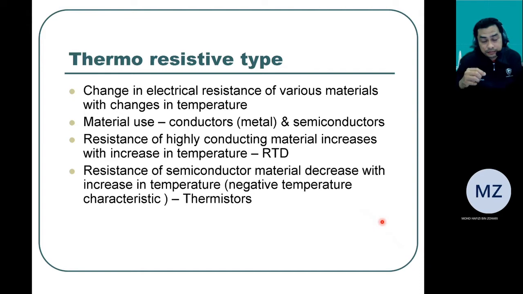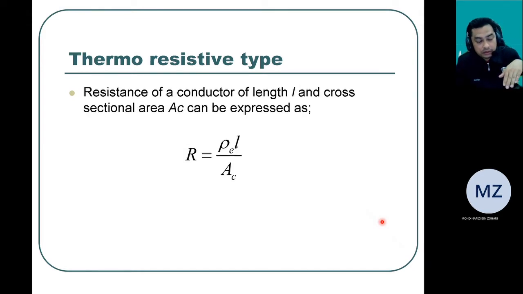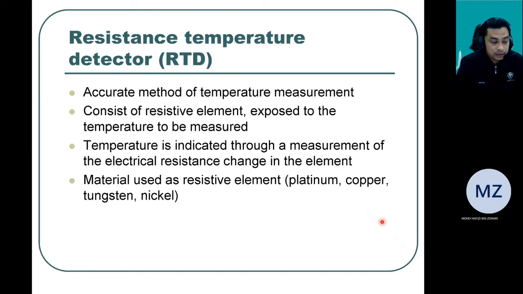For the RTD, it's going to use this equation, which we looked into in the previous topic on sensors. R, the resistance, is equal to the resistive constant times the length, divided by the area of the conductor itself. The RTD has the benefit of very accurate temperature measurement.